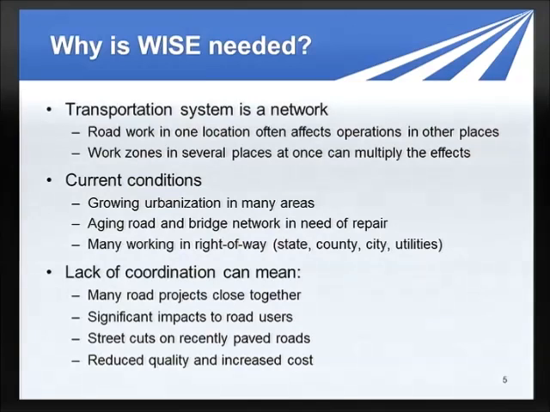But to take a step back, first of all, why do we need this tool? I alluded to that a little bit earlier. I guess one key thing is the transportation system and network. What we're doing in one place may have no effect at all over here, or it may have a significant effect on another area of the network. It does depend. And if we're having a lot of projects go on at a particular time, we may take out every option.